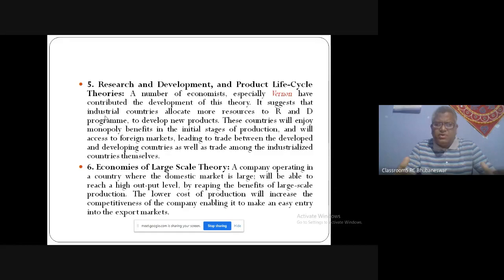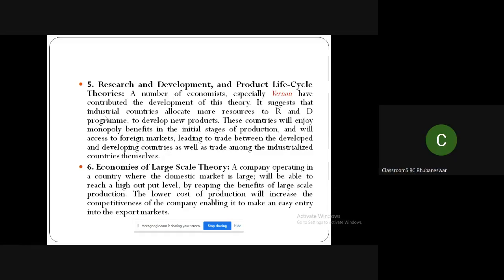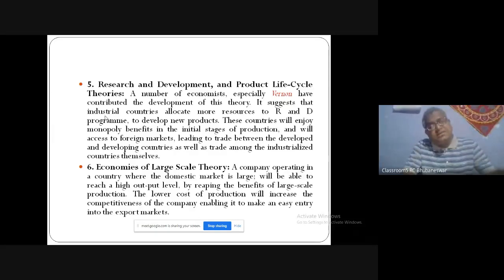It means the output level is high, reaping the benefits of large scale production. That is the concept of economies of large scale theory. These are some of the theories in the examination. The question arises, what are the theories related to international trade? You may write them one by one.